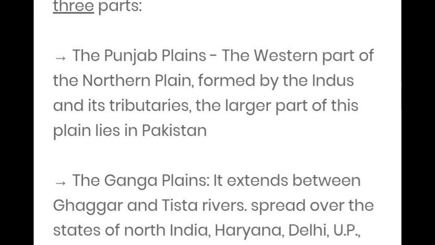So Doab means a land of two rivers. Similarly, Punjab can also be split into two words: Panj means five and Ab means water. So Punjab means a land of five rivers.